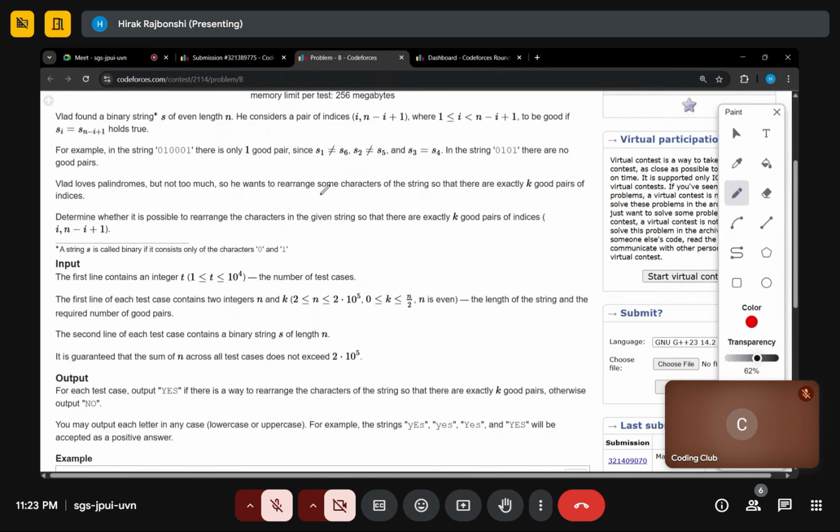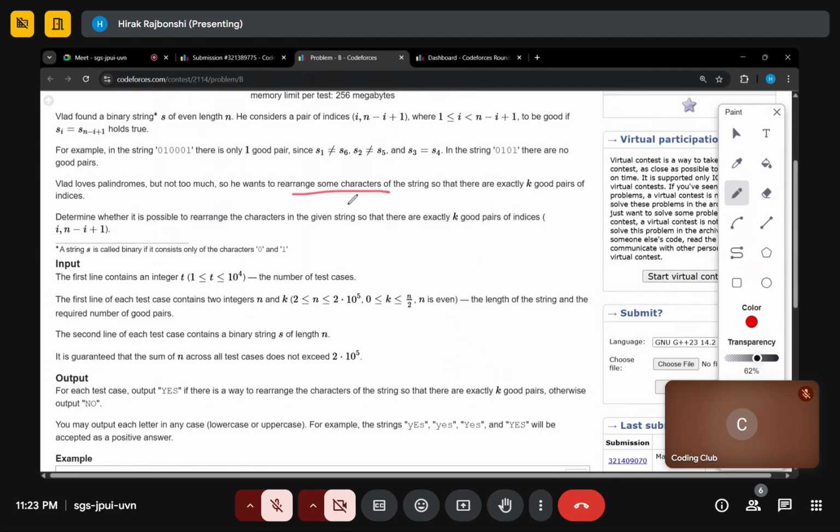So he wants to rearrange some characters of the string so that there are exactly k good pairs. If the string is a palindrome, then there will be exactly n by 2 good pairs, but I need only exactly k good pairs. Okay, and rearrange some characters.